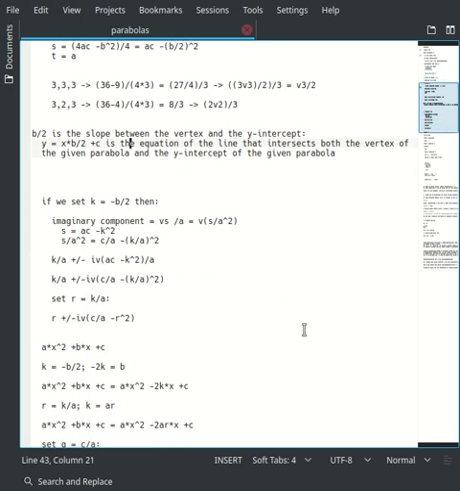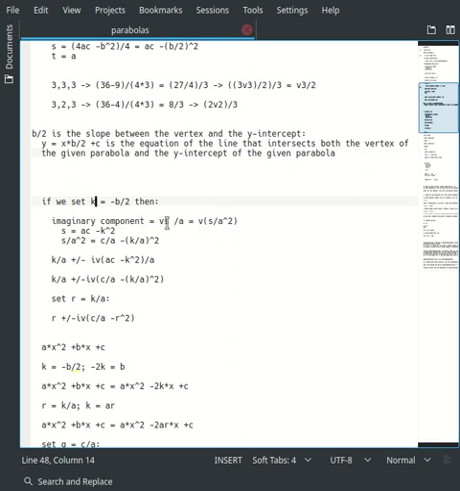Now say we just take that negative b on 2 thing, and we just set it to be a different variable, right? So now we can see symbolically where it shows up. So you get an imaginary component, it's root s on a.